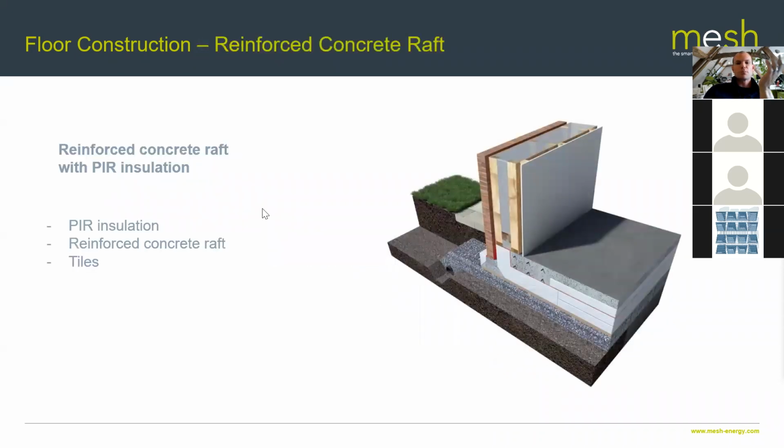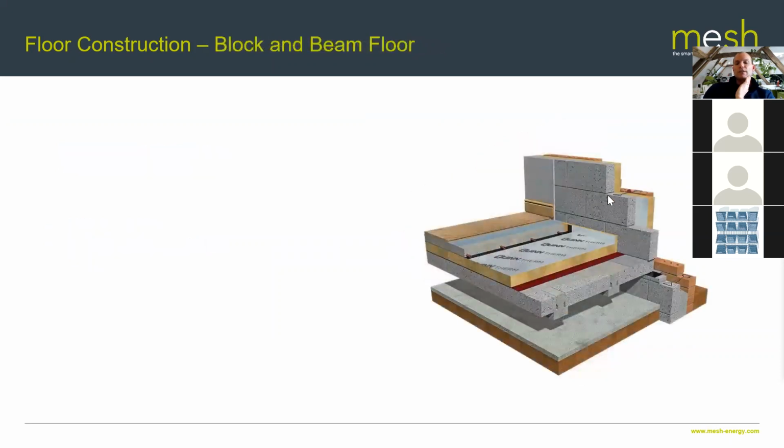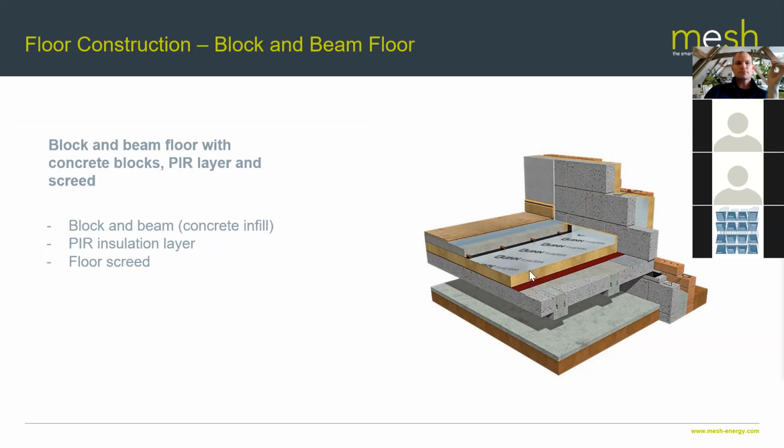So here are the constructions, a pretty standard concrete raft with EPS insulation. There are a number of companies and houses being built to this construction now. Really good for Passive House and getting some very low slab U values. The alternative is good old-fashioned brick and block and beam with insulation over the top of that, and then underfloor heating and screed, and then your floor finish.